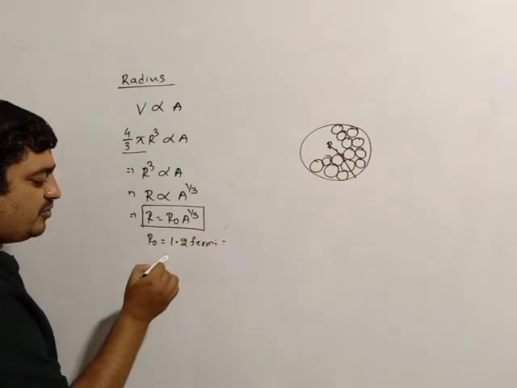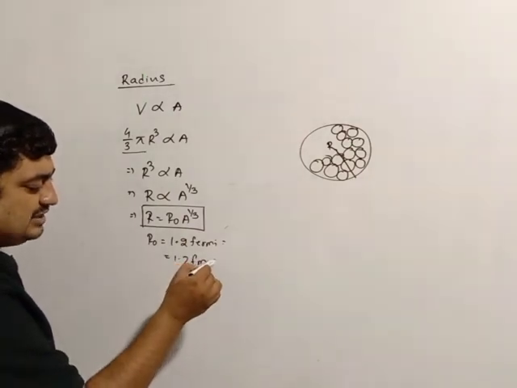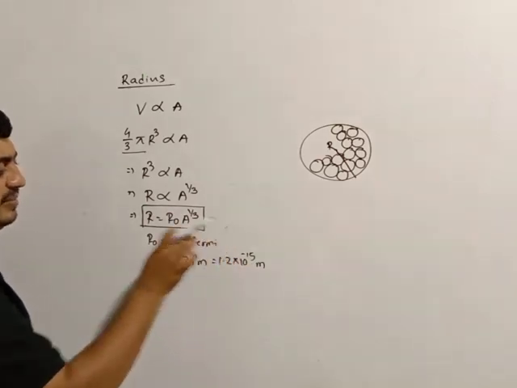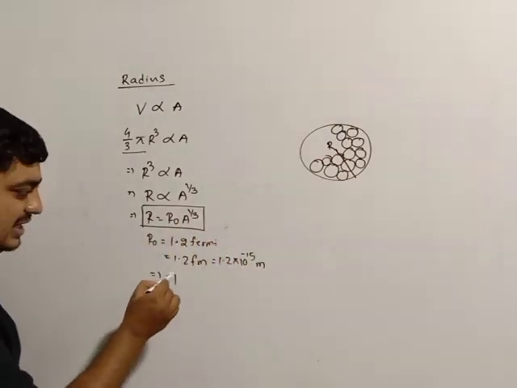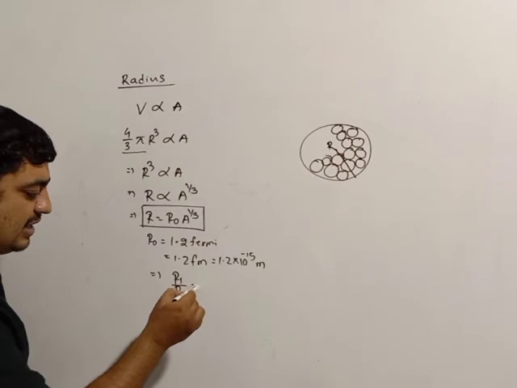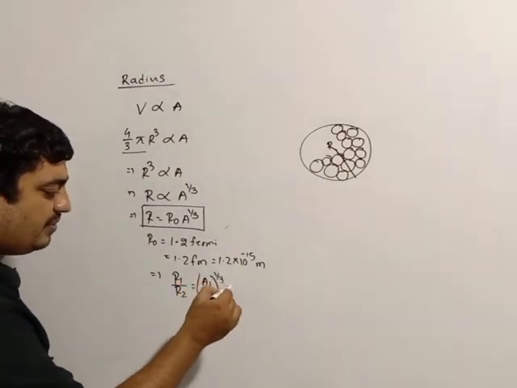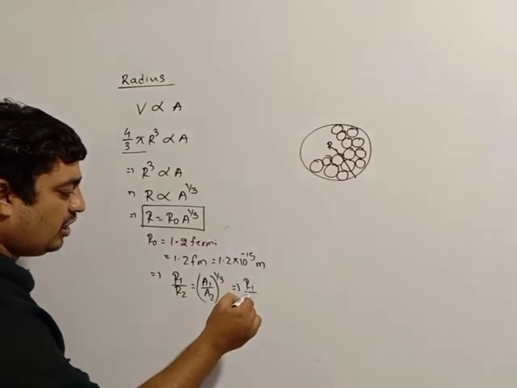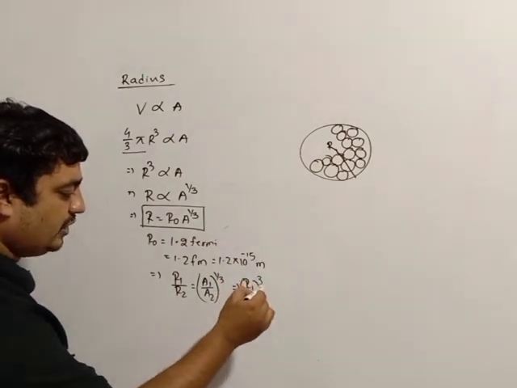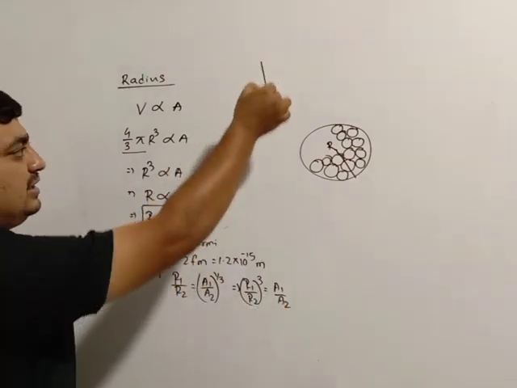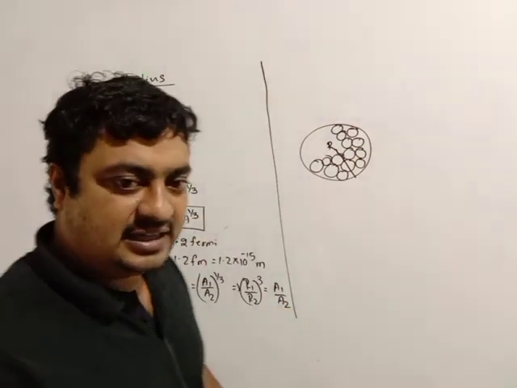Fermi means femtometer, which is equal to 10 to the power minus 15 meter. So we can say R1 by R2 equals A1 by A2 whole to the power 1 by 3, or R1 by R2 whole cube equals A1 by A2. This is the expression for the radius of the nucleus.